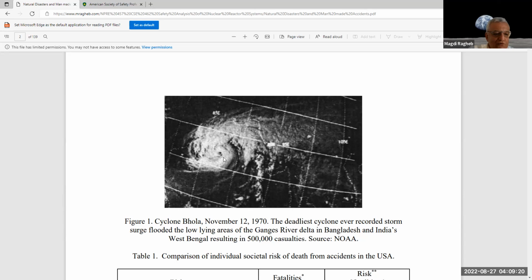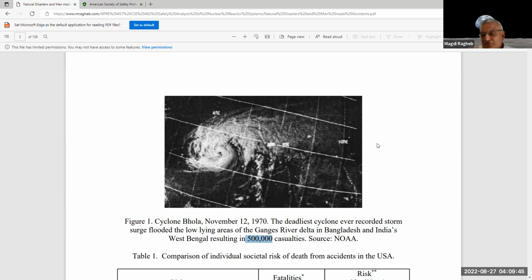They named it Cyclone Bola. It happened in 1970. It was the deadliest cyclone ever recorded. It caused a surge from the water in the oceans in the area of Bangladesh on the Ganges River, and it resulted in 500,000 deaths, from a single event of a hurricane.